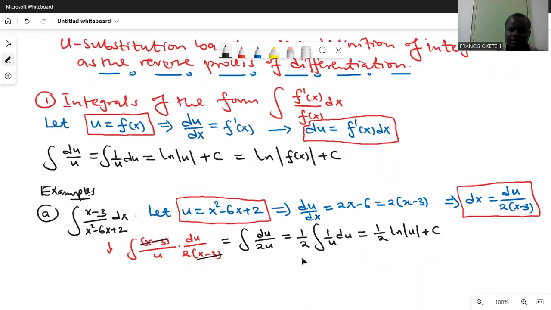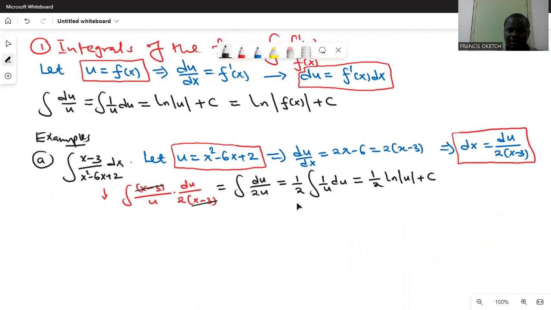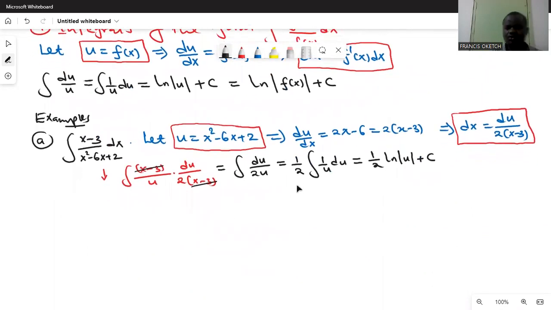And that is our answer, but we have to replace u. So you check where we have defined our u. And if you look here, our u is x squared minus 6x plus 2. So this answer can as well be written as 1 over 2 ln of x squared minus 6x plus 2, plus a constant c of integration. That is very simple.